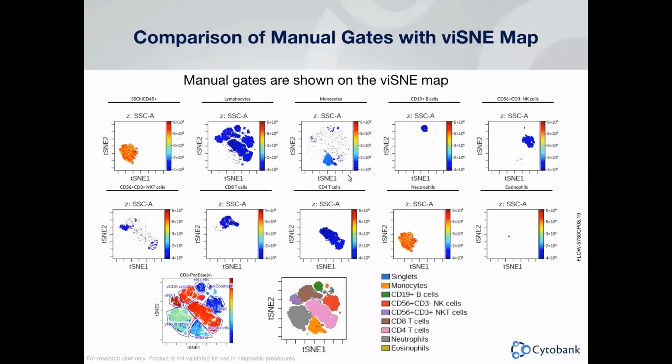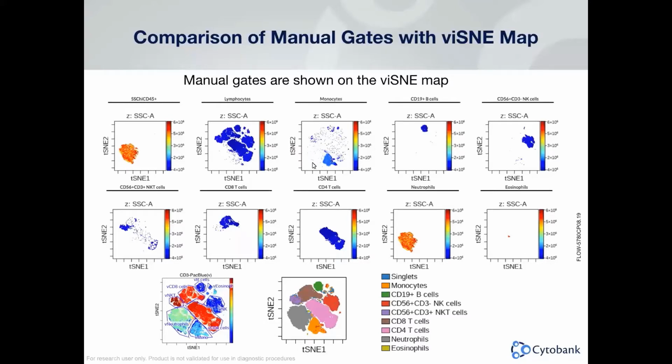So let's focus on the monocytes here. This monocyte is my manual gate, and I want to see where my monocytes are on the viSNE map. If you remember, here is the viSNE identified monocytes. So you will see this region is the viSNE identified monocytes, and the majority of the manual gated monocytes are in this region.